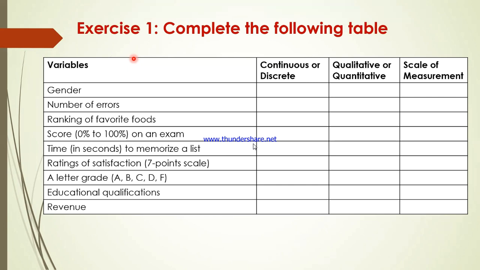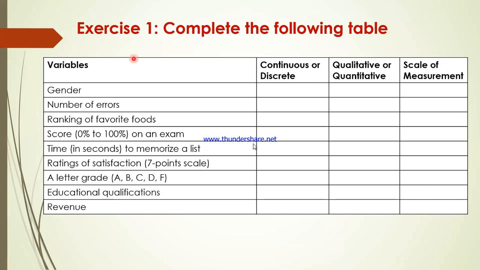Here the number of errors we are measuring by integers, so they are numerical values. So it is quantitative. Then scale of measurement, actually there is a true 0. The comparison will provide meaningful information and the difference will provide meaningful information. So the scale of measurement is ratio.